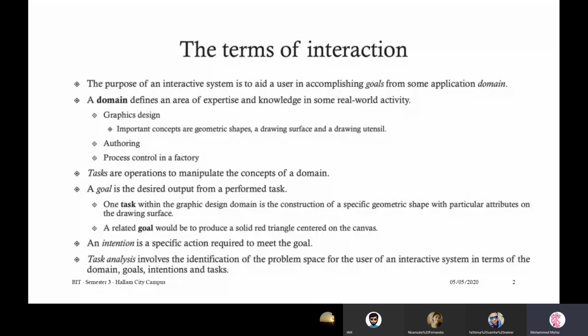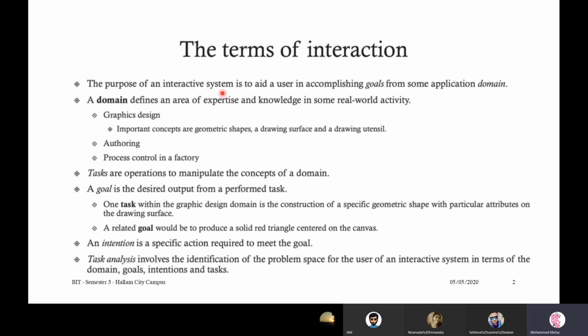Okay, so here interaction in the sense humans interacting with the system. So what kind of concepts are surrounding this term called interaction? The purpose of an interaction system is to aid a user in accomplishing goals from some application domain, right?